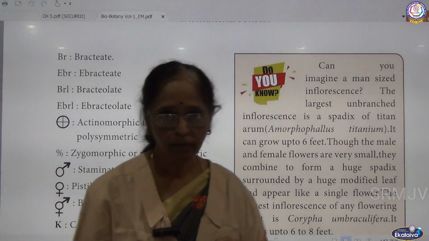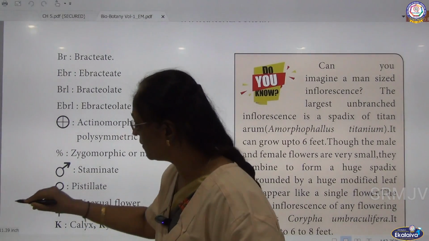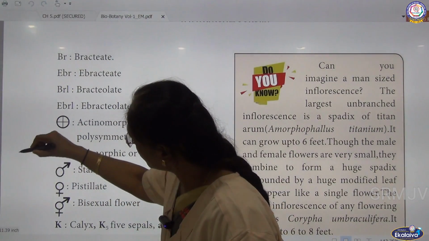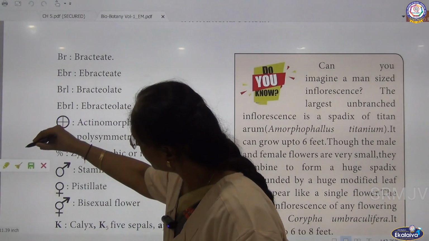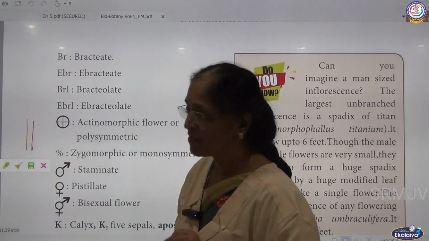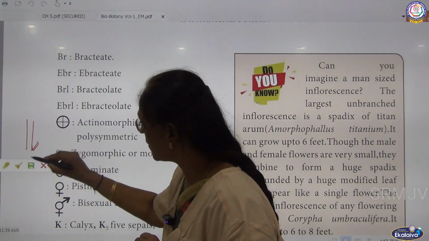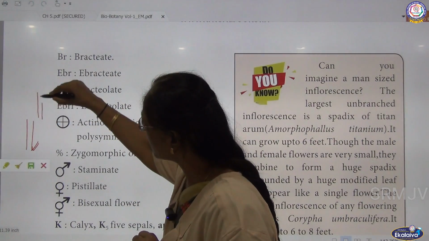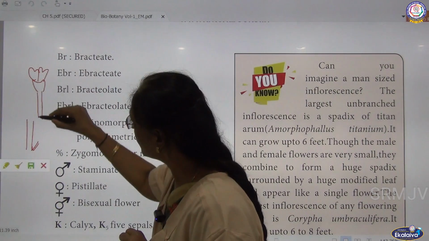Now, when we were talking about the flower, we said this is the mother axis, and here the flower has been born. This is the pedicel, this is the calyx and the corolla.